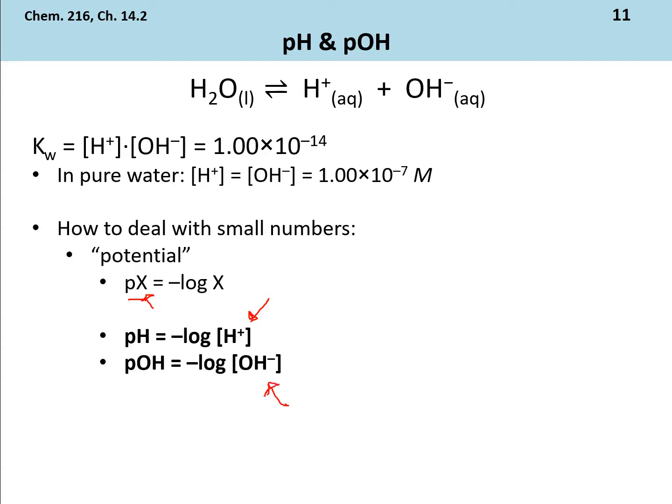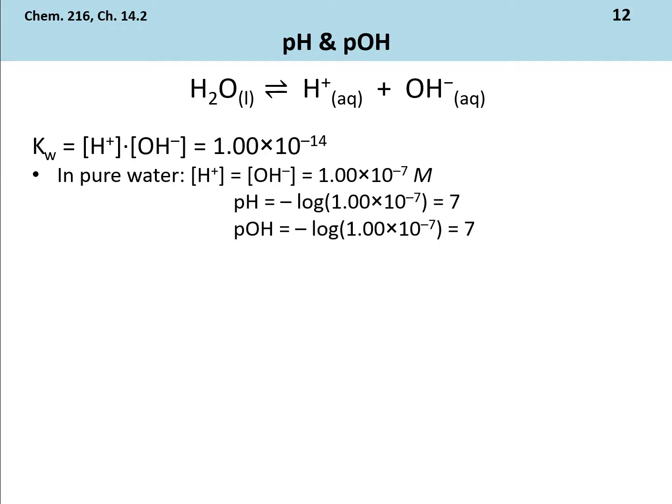We don't use pOH much; we just use it for calculations. It's a little easier, but usually we just use pH, and we'll talk about how these are linked. So pOH equals negative log OH minus. I take the concentration of OH minus, take the log of that, and then make it negative.